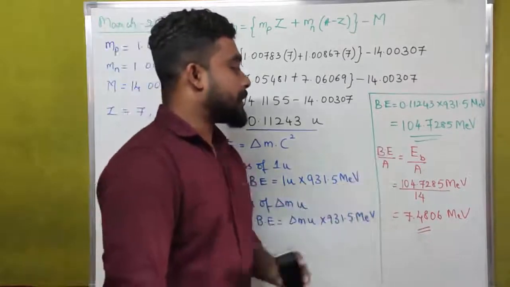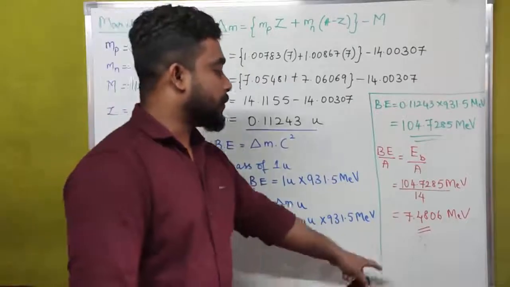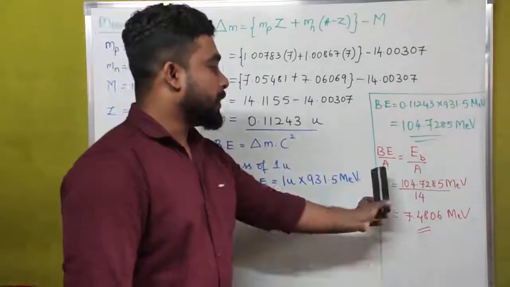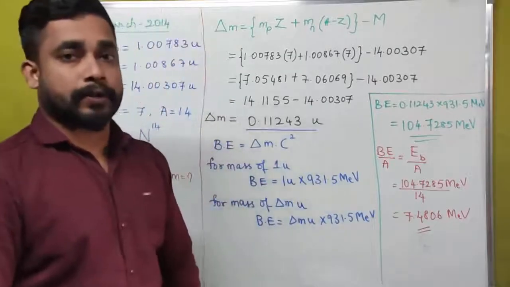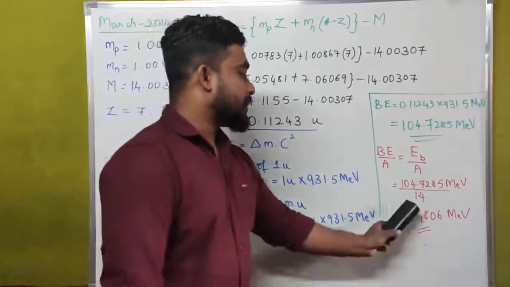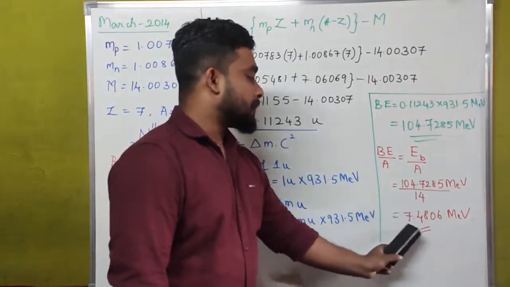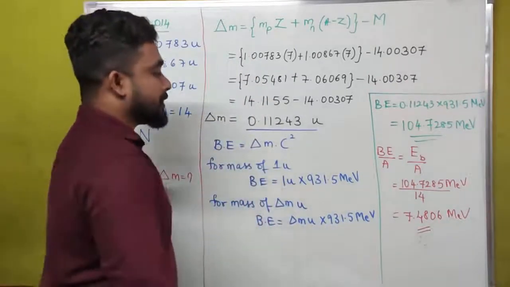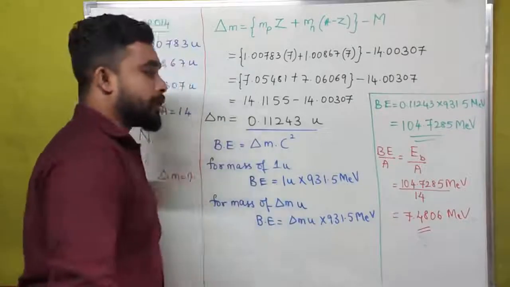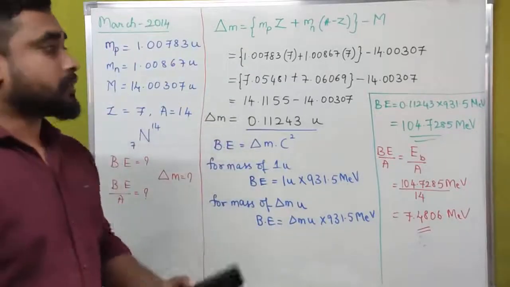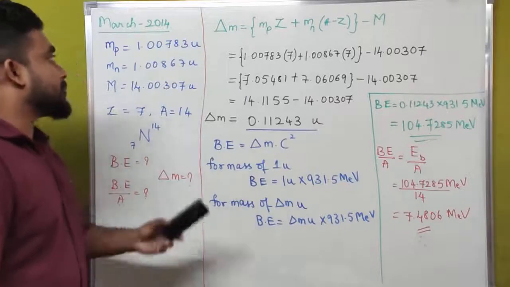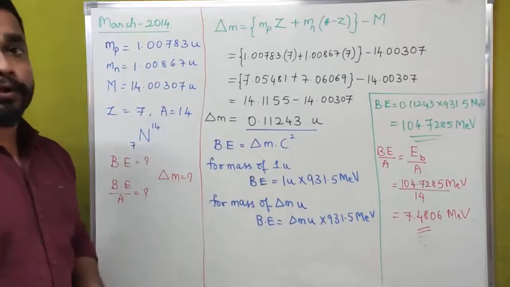And binding energy per nucleon is 104.7285 divided by A, where A is the mass number of the nitrogen nucleus, that is 14. 7.4806 million electron volt is the value of the binding energy per nucleon. This is how we calculated our problem, and this question was asked in your March 2014 question paper.